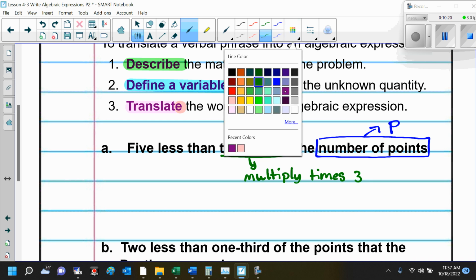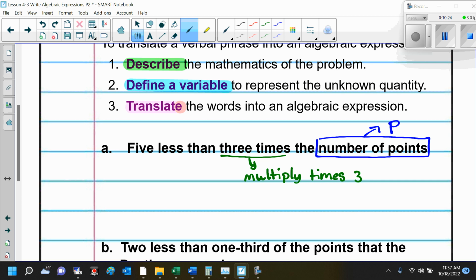What operation is that? Very good. So 5 less than, that means we are subtracting. And more specifically, we're subtracting 5. So subtract 5.